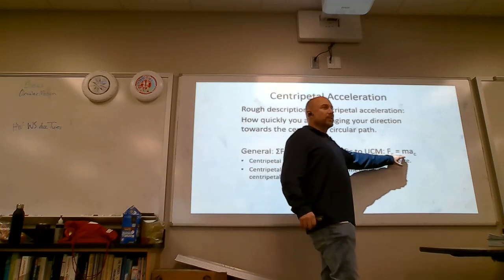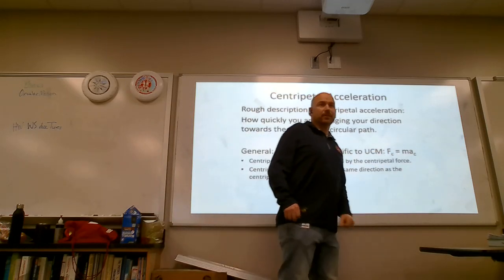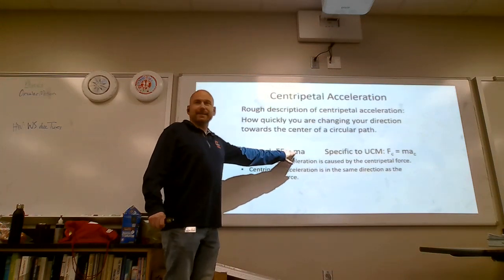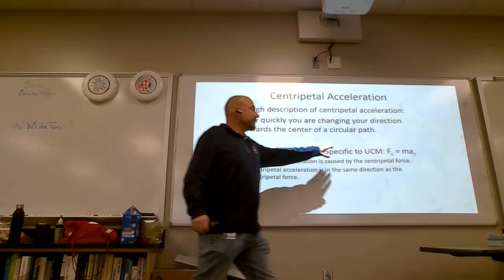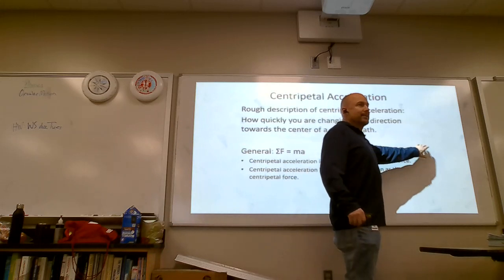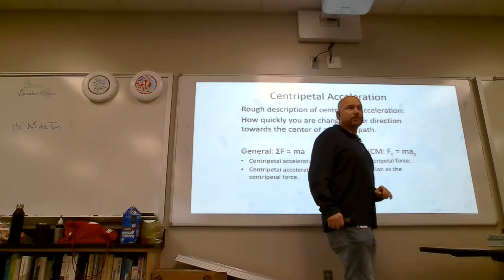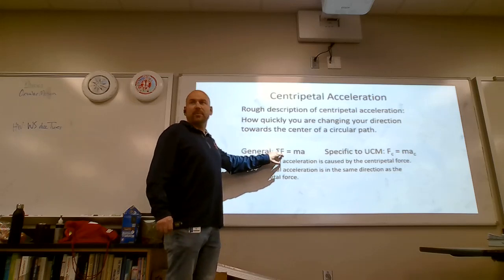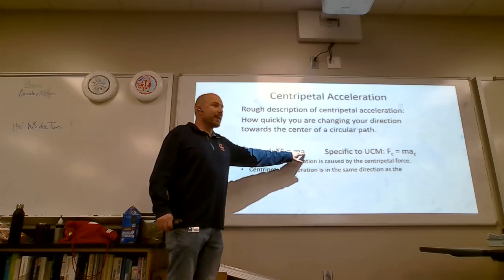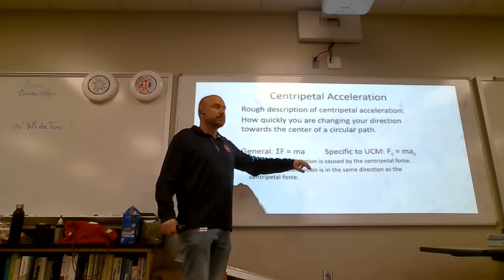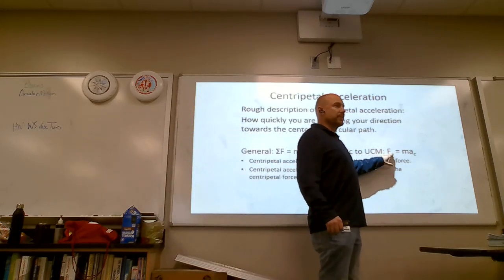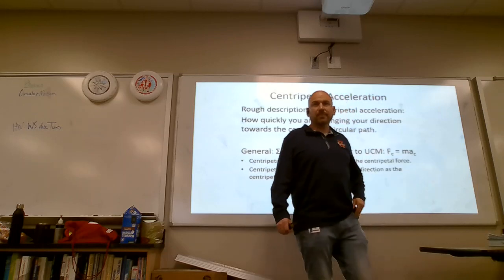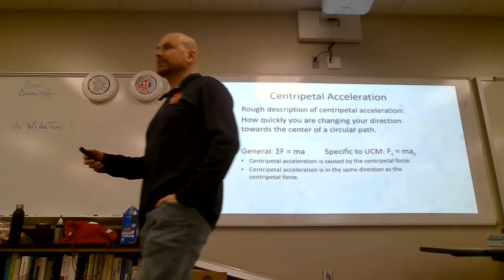The centripetal force is equal to mass times centripetal acceleration. Just like the net force causes acceleration, the centripetal force causes centripetal acceleration. And just like the direction of the force is the same as the direction of acceleration, the direction of centripetal force is the same direction as centripetal acceleration. Okay.